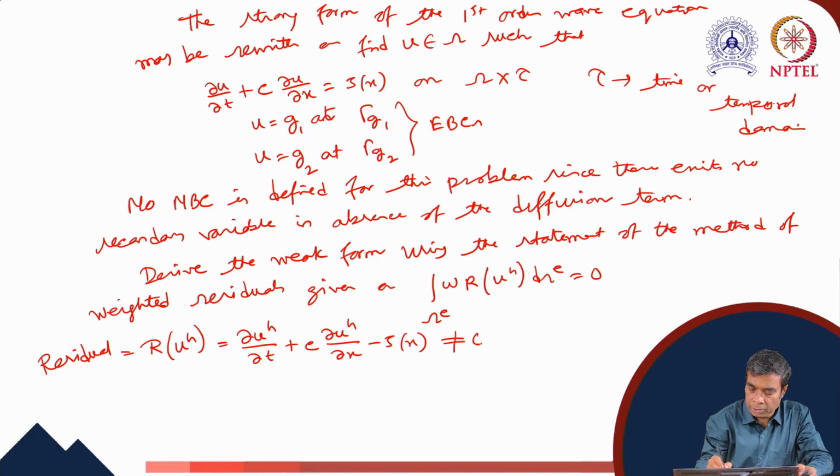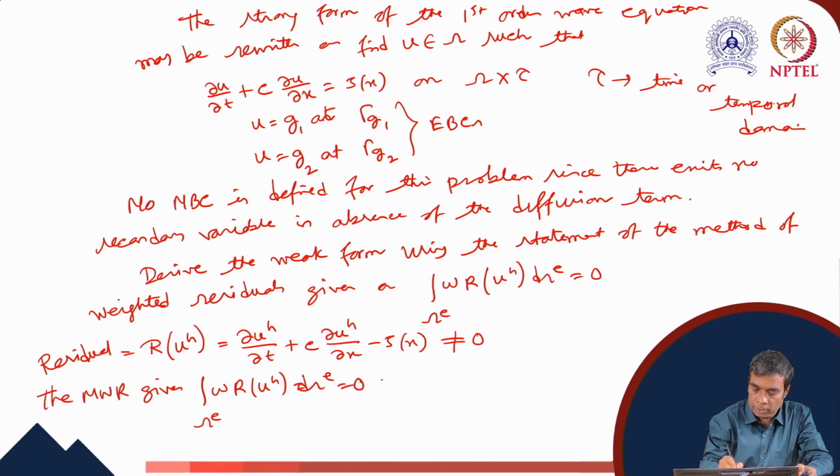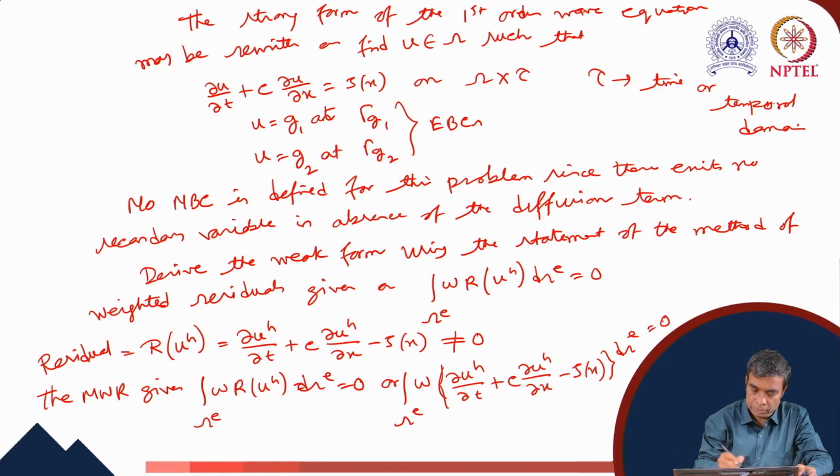This is not equals to 0, and then the MWR gives integration over omega e of w into (del del t plus c del del x minus s) d omega e equals to 0.